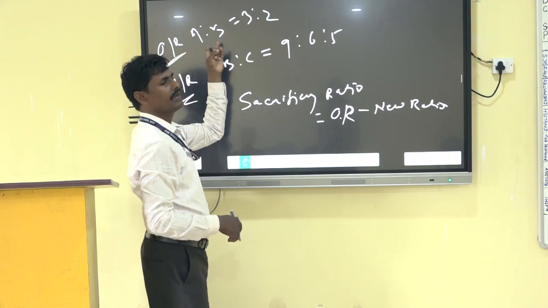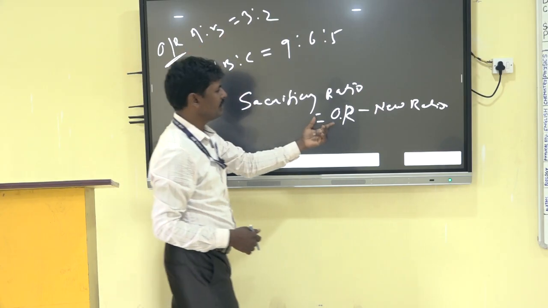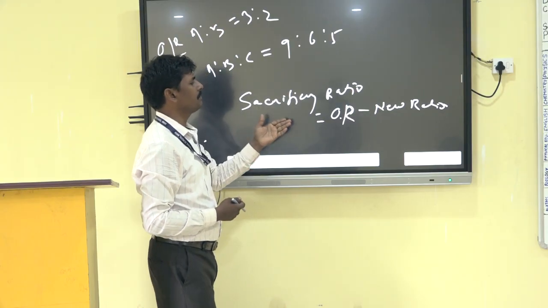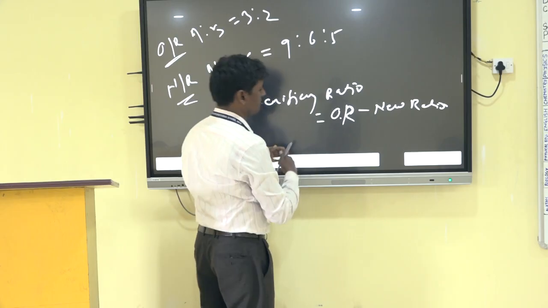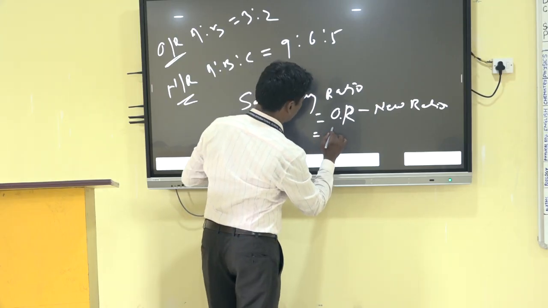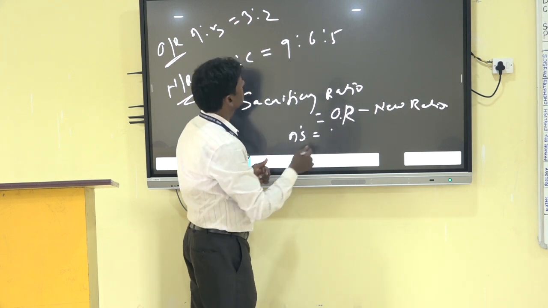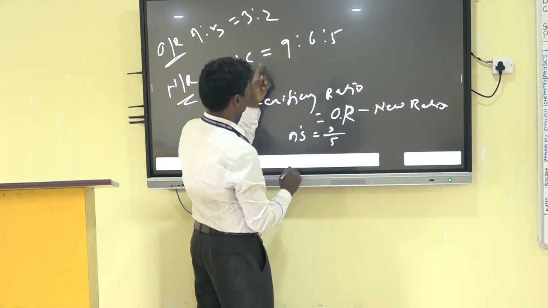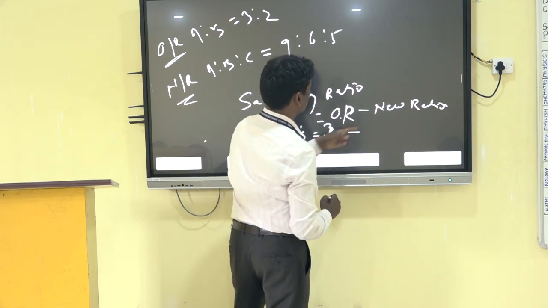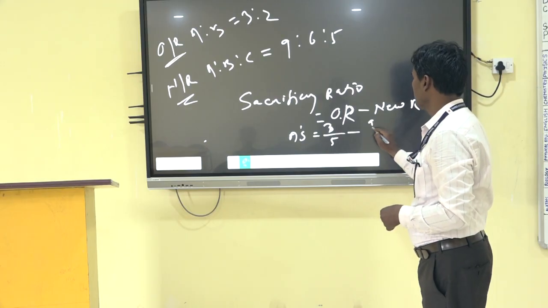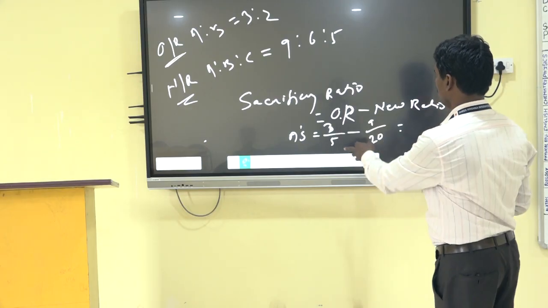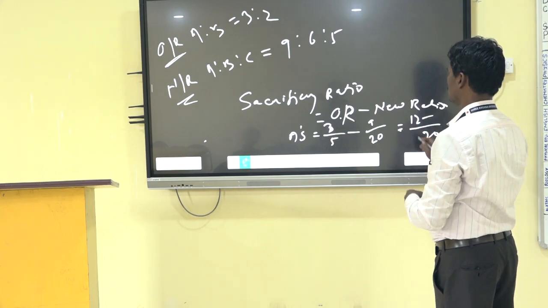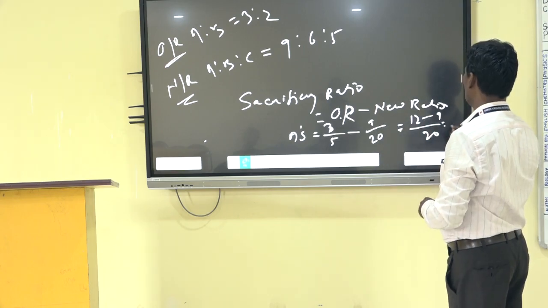Who are the old partners? A and B. How much does A sacrifice? We can identify it here: old ratio of A minus new ratio of A. We can easily identify how much A sacrifices to C. A's old ratio was 3/5. Clear? 3/5 minus, what is the new ratio of A? See, 9/20. Now calculate: the LCM is 20. 20 divided by 5 is 4, into 3 is 12. So 12 minus 9 equals 3/20.